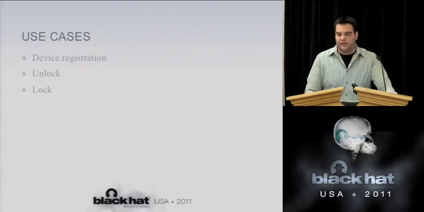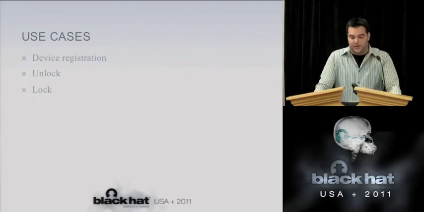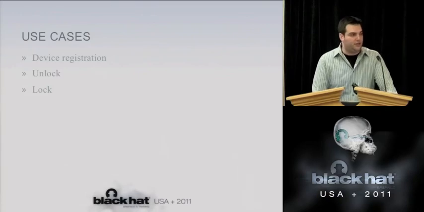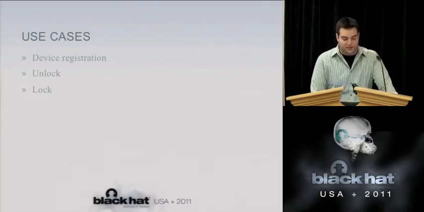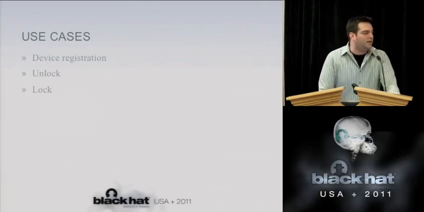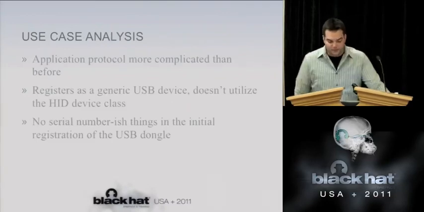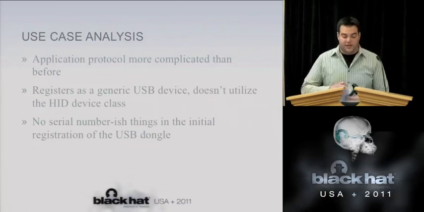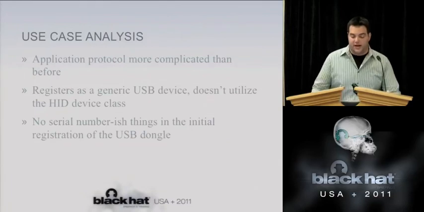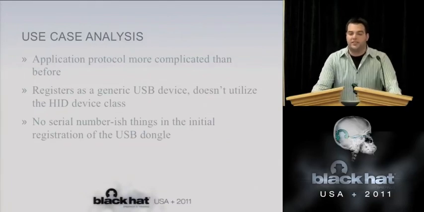We know we can configure signal strength and things like that. Maybe that's part of this protocol too. So really we have the same use cases to look at, kind of in a more complex and interesting architecture. So given that, the application protocol was more complicated. We no longer have static messages.